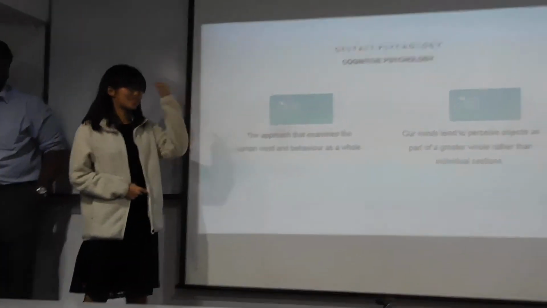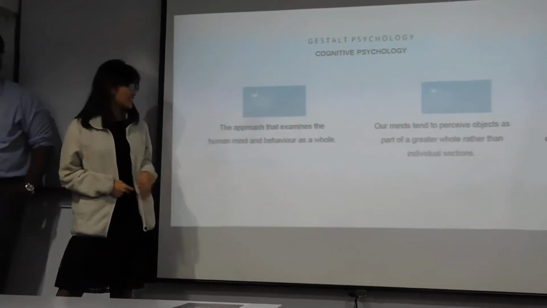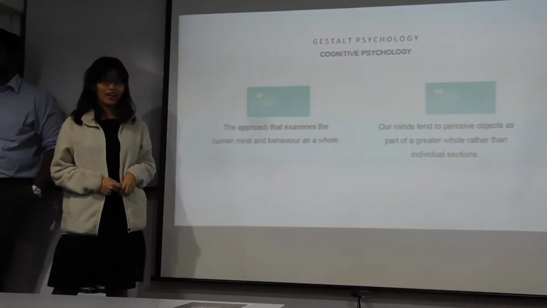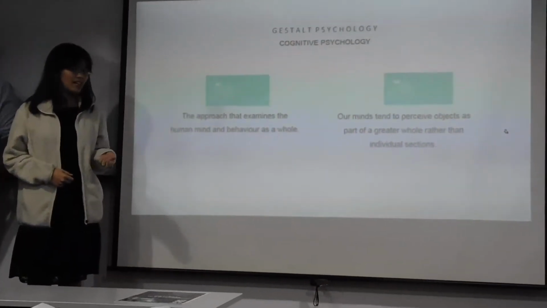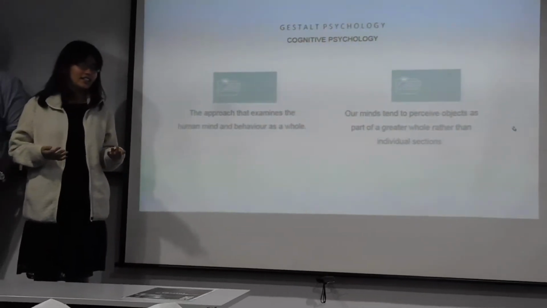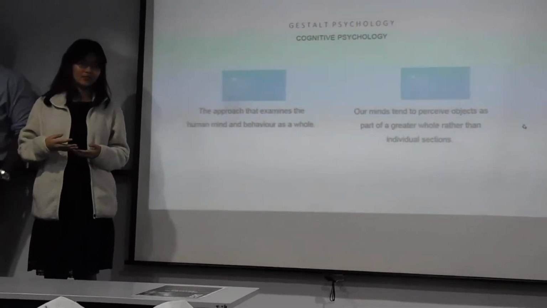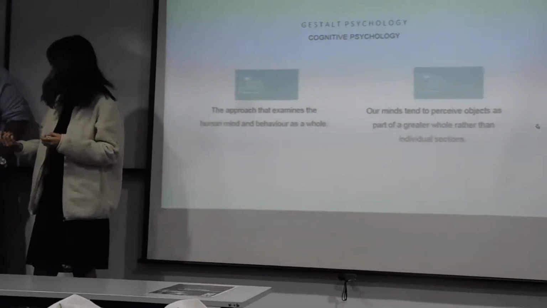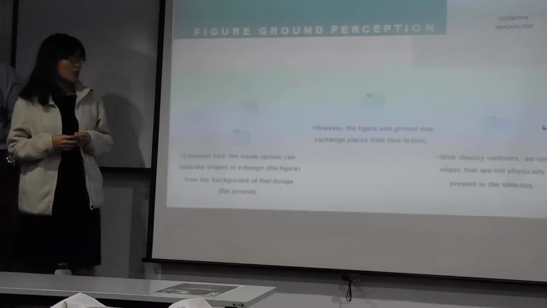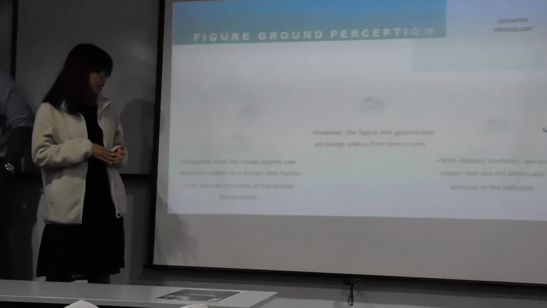So what is Gestalt psychology? Gestalt psychology is the approach that examines the human mind and behavior as a whole. This is because our minds tend to perceive objects as part of the big picture instead of individual sections, so that we can make sense of the world around us. What I'll be focusing on is figure-ground perception.